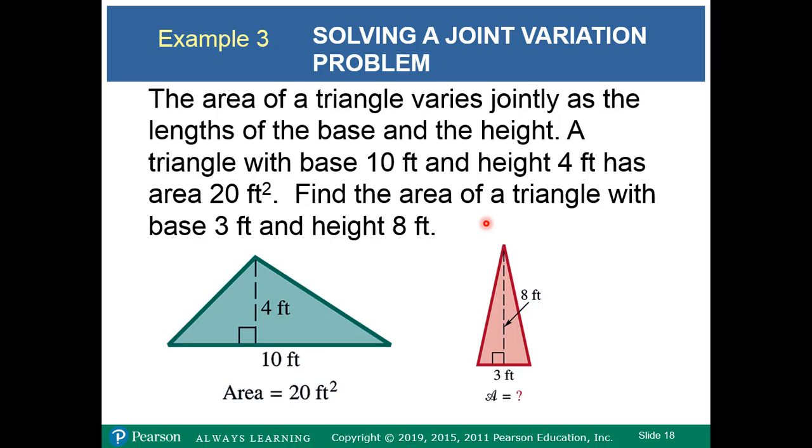It says find the area of a triangle with base 3 feet and a height of 8 feet. Okay, so how do we do that? We have this information here, but we want the area of a triangle with a height of 8 and a base of 3.